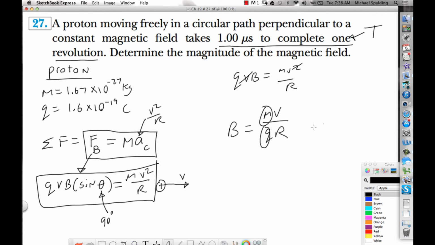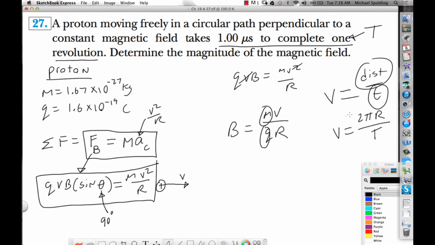For anything traveling in a circular path, velocity is what? The basic definition for velocity is distance over time. What's the distance around one circle? 2 pi r, the circumference. What do we call the time for one circle? The period.